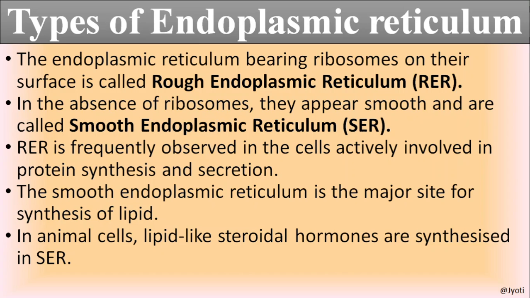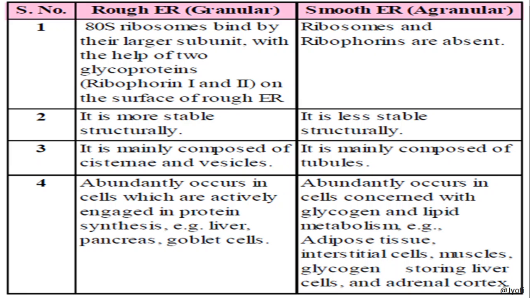Then the smooth endoplasmic reticulum does not contain ribosomes, so it plays no role in protein synthesis, but it helps in synthesis of lipid. So they are present in the cells where lipids like steroidal hormones are synthesized.